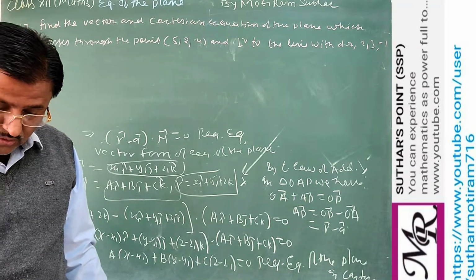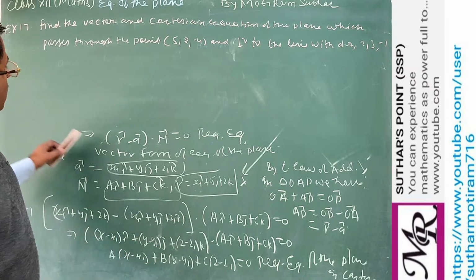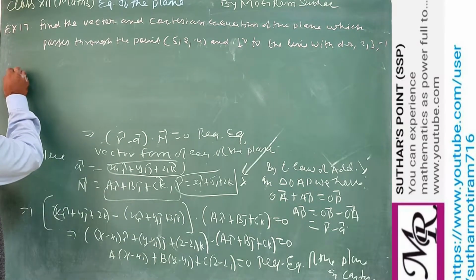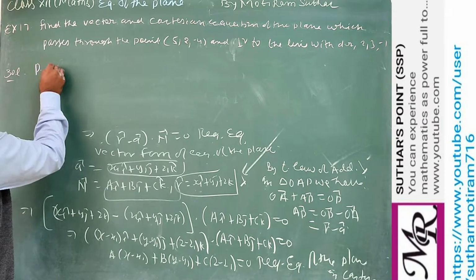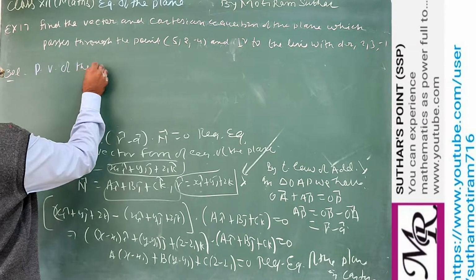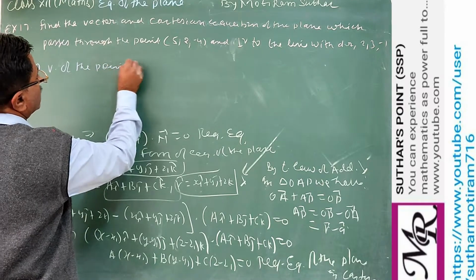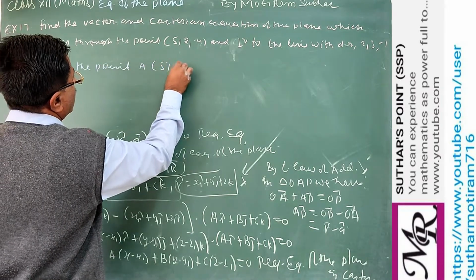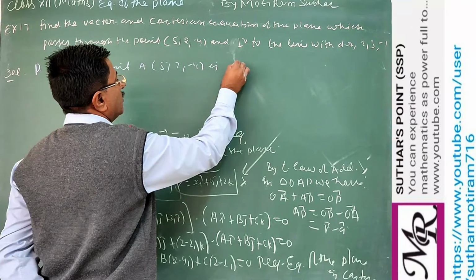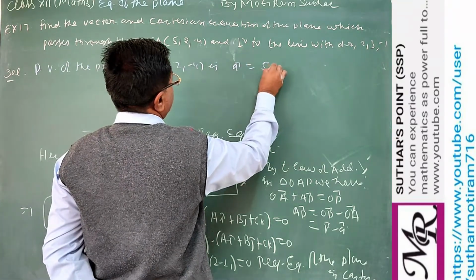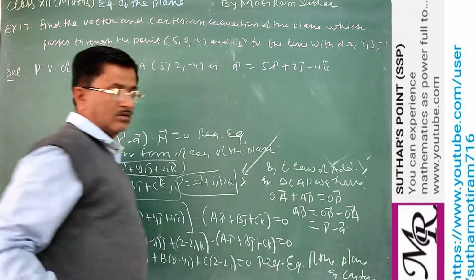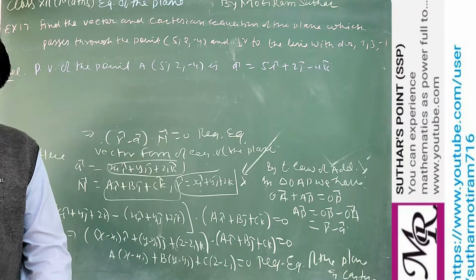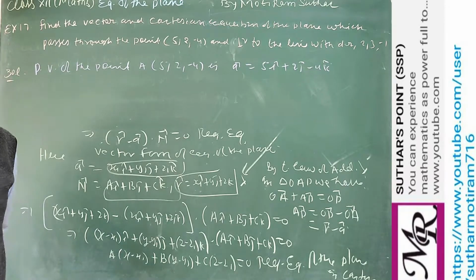So you may write, in solution, we know the position vector of the point. Position vector of the point A with the coordinates (5, 2, -4) is vector a, which can be written as 5i plus 2j minus 4k.